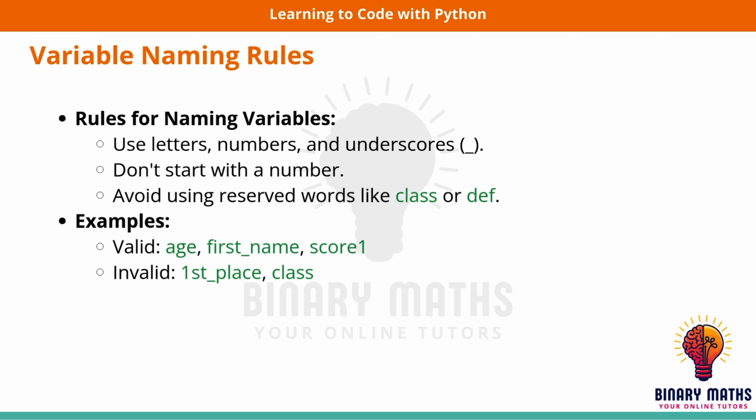Additionally, avoid using reserved words like class or def as variable names. For instance, age, first_name, and score1 are all valid variable names, while first_place and class are not. Following these rules helps keep your code clear and error-free.